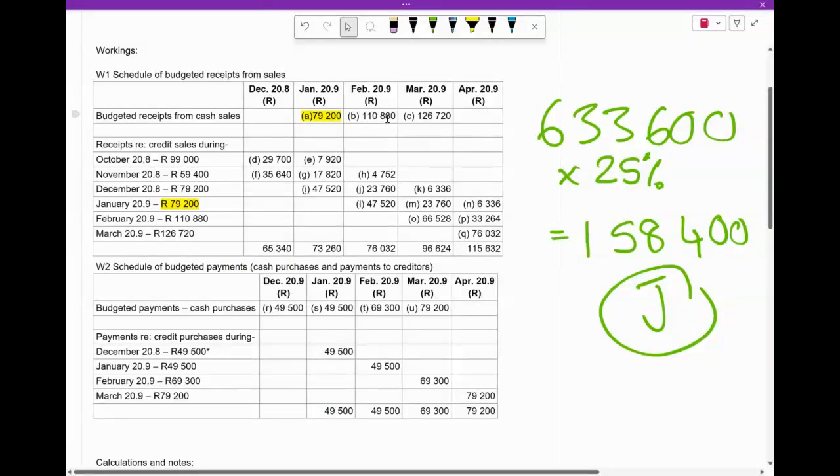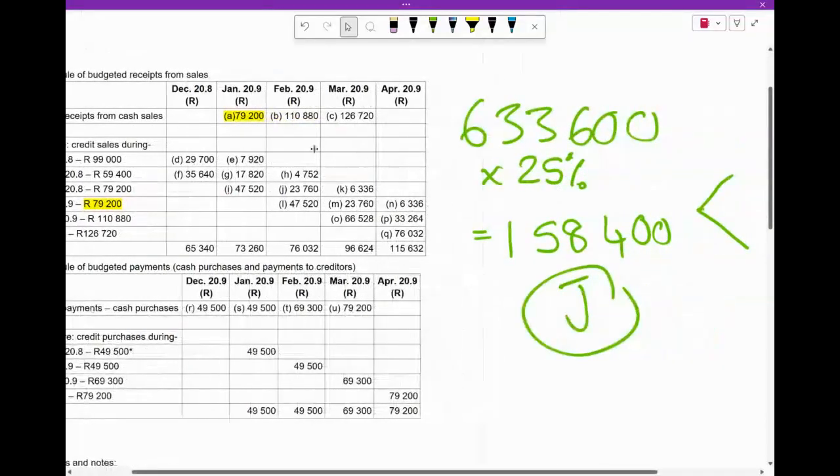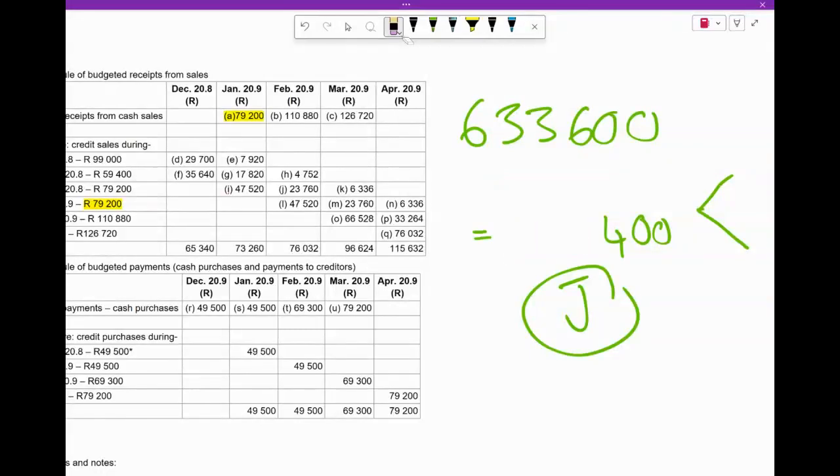You know that February was what percentage? 35%, and we know that March was 40%. So if you say again 35% of the 600, and we can literally even just erase this and do the calculation here if we wanted to. I'll use black this time.